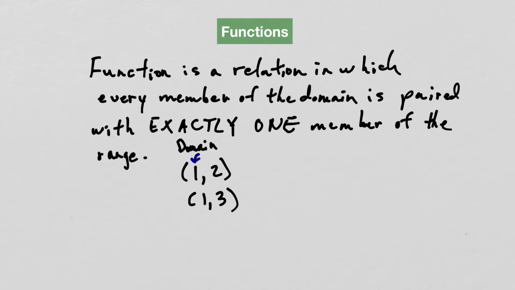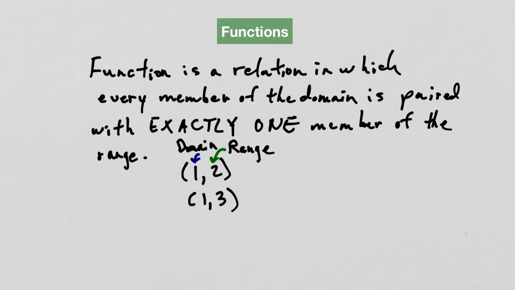Domains are your x values, okay? And then we have your range, which are your y values, okay? Every member of the domain, the x value, is paired with exactly one member of the range. Well, in this case, you have one member of the domain paired with two members of the range, okay? So that's not a function.